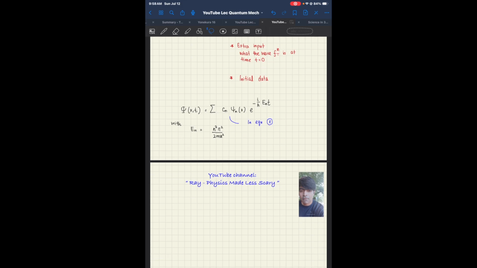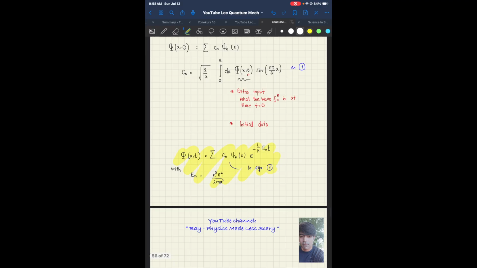So there you have it, your full quantum mechanical wave function, where the Cn's are obtained here, and the energy has already been figured out. Given an initial wave function, this expression determines the full quantum mechanical wave function for you.